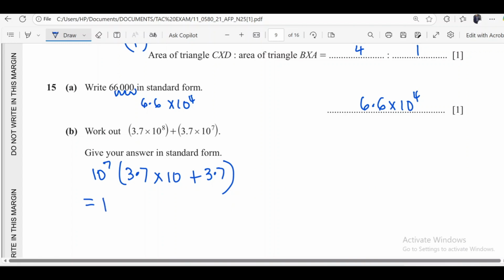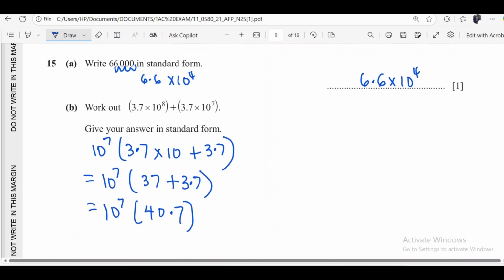Now this is 10 to the power 7. 3.7 times 10 is 37, so we have 37 plus 3.7. This is now easy to add because this is non-calculator. We know this is 40.7.